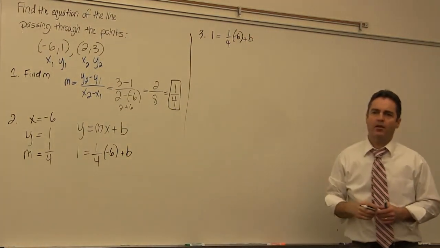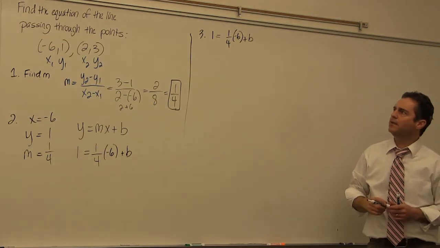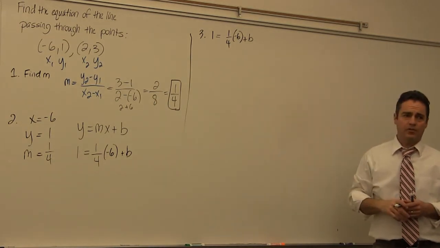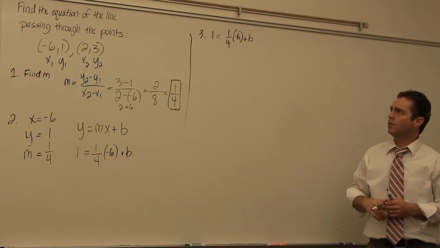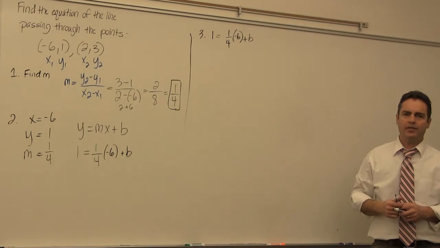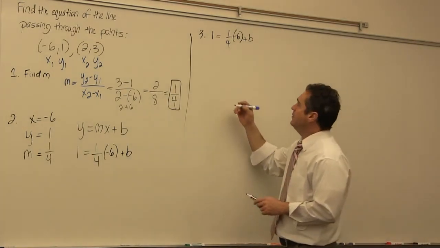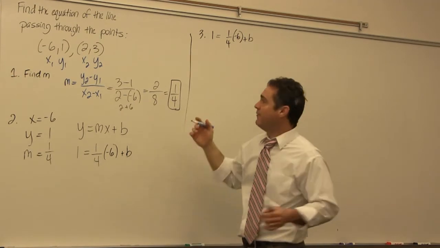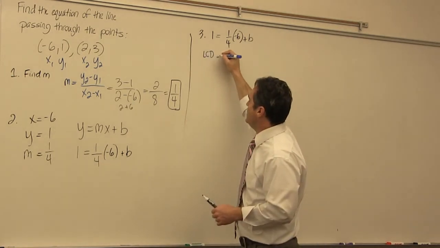If you remember, in our 3-step process to solving, we like to get rid of fractions. We could work with this fraction if we chose to, but our step is to get rid of fractions. So we need to multiply everything by the LCD. Our LCD, well, what is it? It's the only denominator we have. It is 4. So the LCD equals 4.